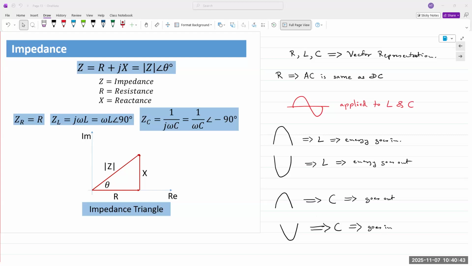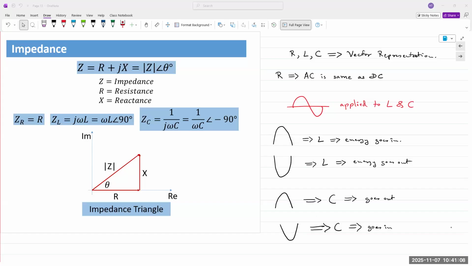Make sense? Okay. So again, resistor only has resistance, does not have reactance. Inductors and capacitors on the other side, they don't have any resistance, but they have reactance. And if we represent this as a complex quantity, then we term that as impedance. So impedance is resistance plus reactance.